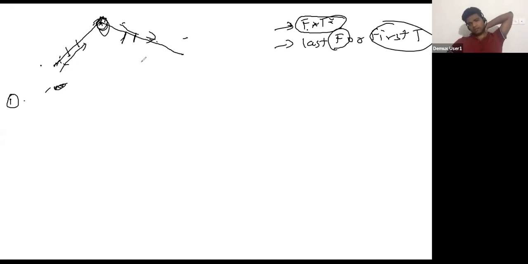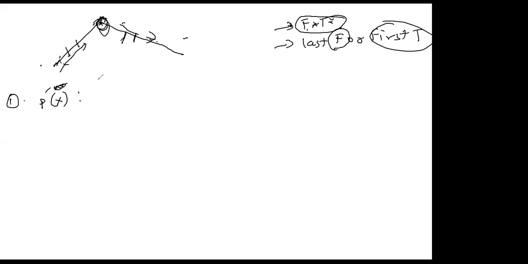So tell me, what could be the predicate for this? So we can do A2 minus A1 should be less than 0.